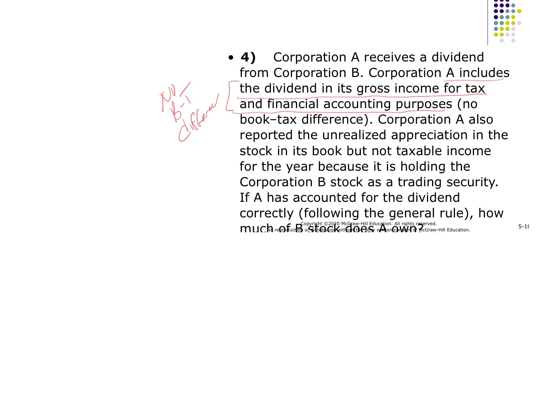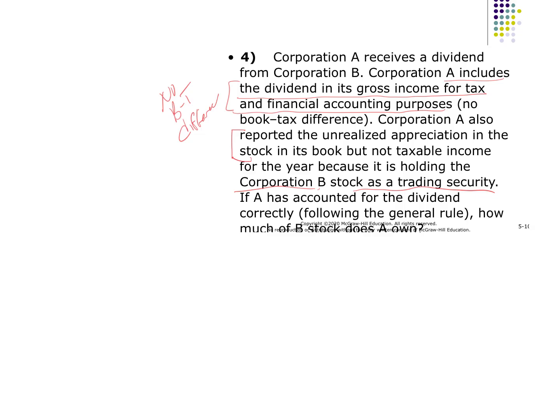Corporation A also reported the unrealized appreciation in the stock in its books, but not taxable income, because it's holding Corporation B stock as a trading security. If A has accounted for the dividend correctly following the general rule, how much of B stock does A own?